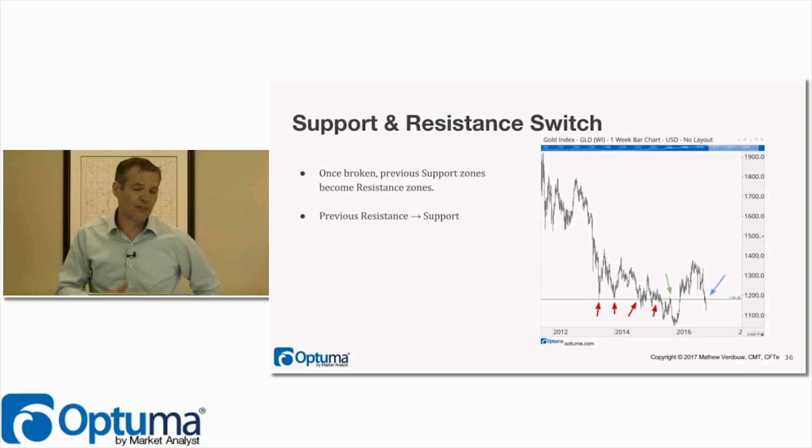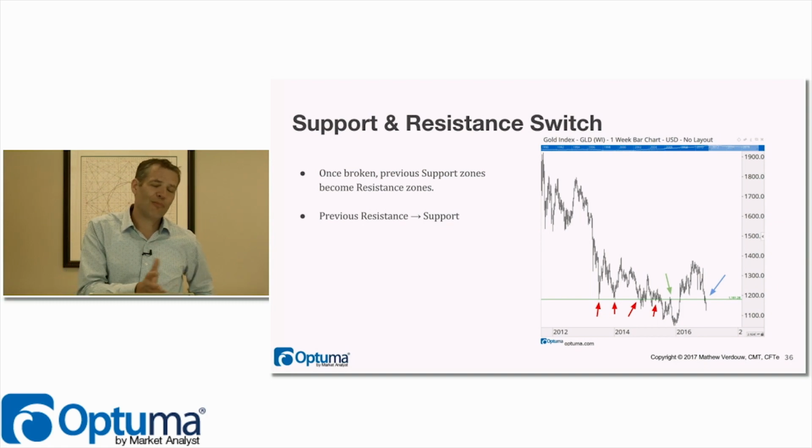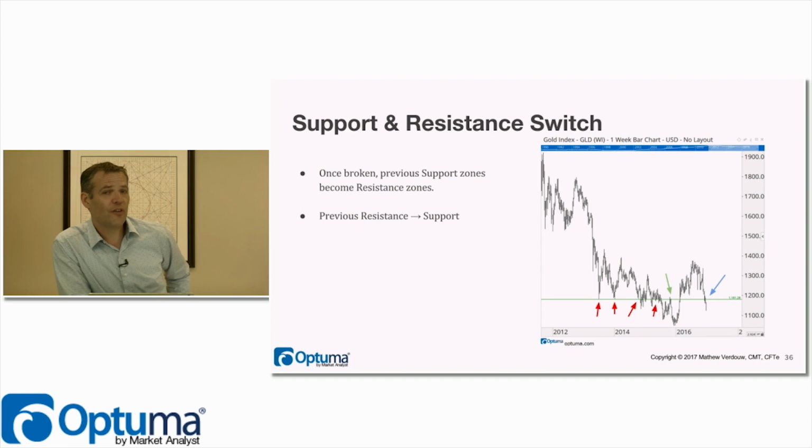We'd say that's a really strong support line. But then when you look at the green arrow, the market had broken down through the level, came back up and hit that level again, and then suddenly it became resistance. And so then the price fell away.